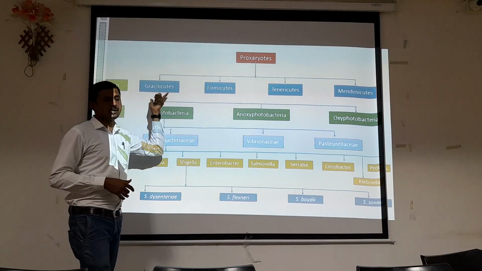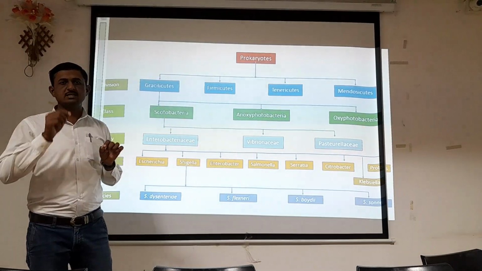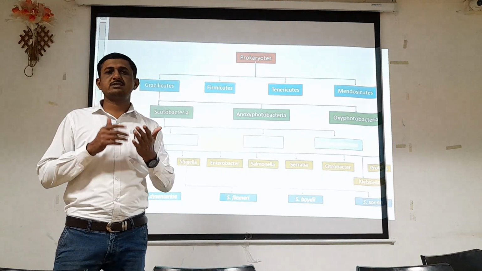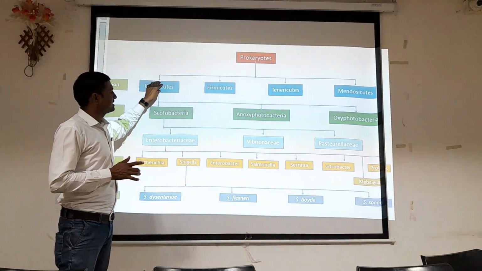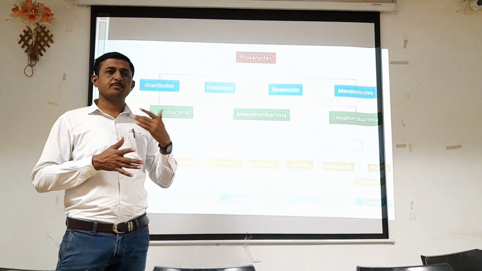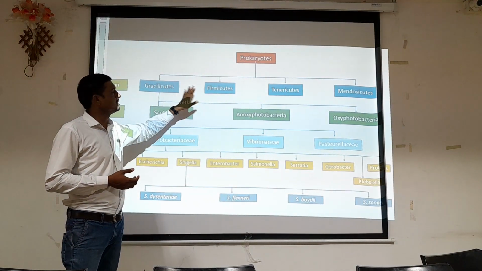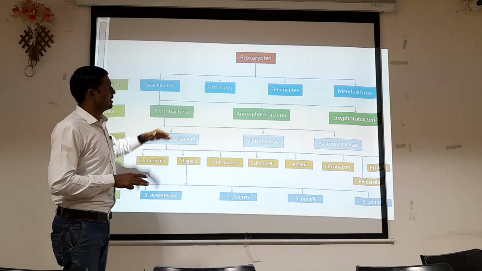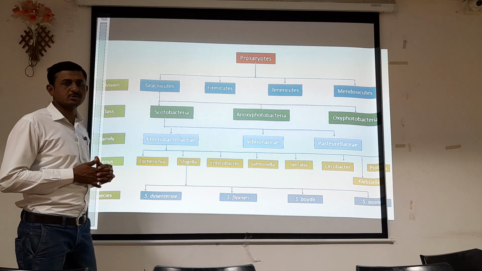These are the main titles of the divisions, and each division has characteristic features, so we can distinguish Gracilicutes from Firmicutes on the basis of the cell wall composition or the presence or absence of the cell wall. These are the 4 divisions which group different organisms on the presence or absence of the cell wall.